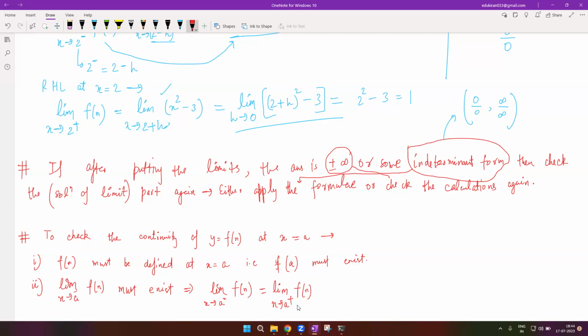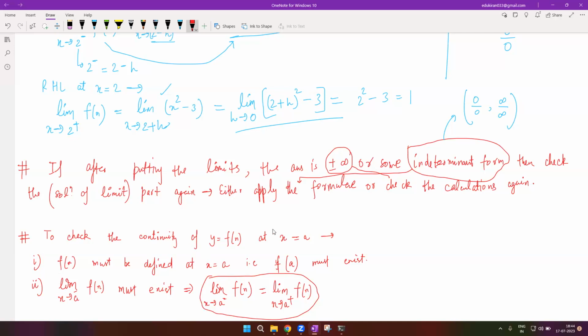If your LHL, that is left hand limit, and RHL, that is right hand limit, for some function at some given point, in this case x equals a, are equal, then you say that limit x tends to a, f(x) exists. And what is the value of that limit? Whatever will be the value for both of these, that will be the value of limit x tends to a, f(x), right?